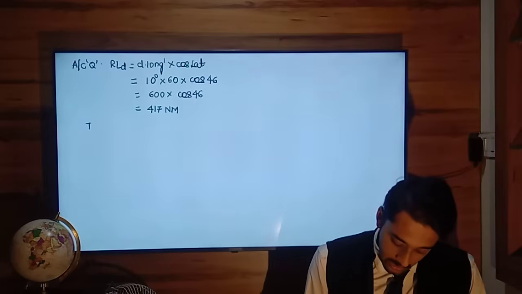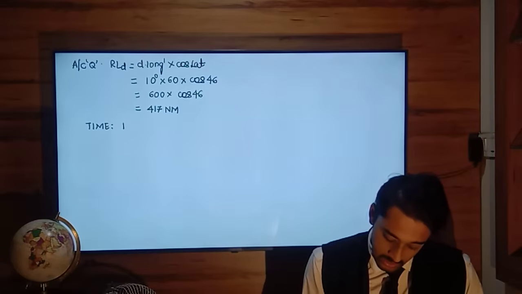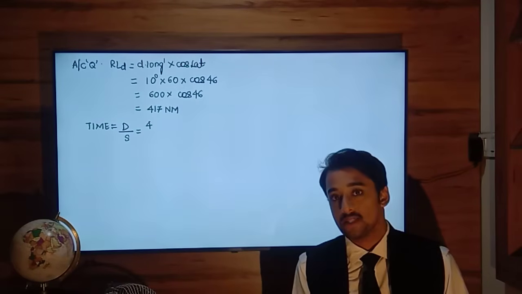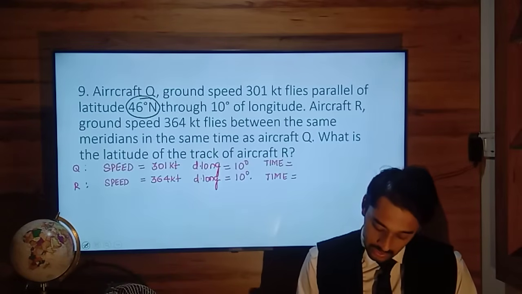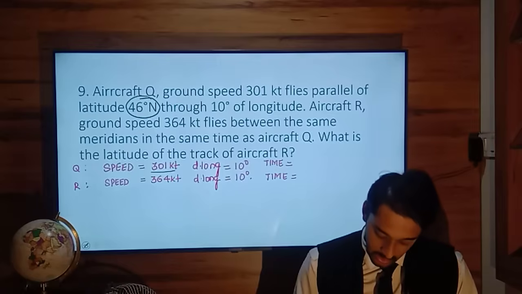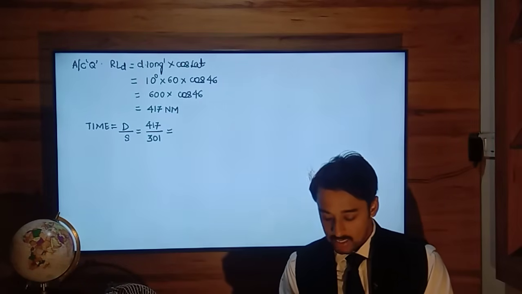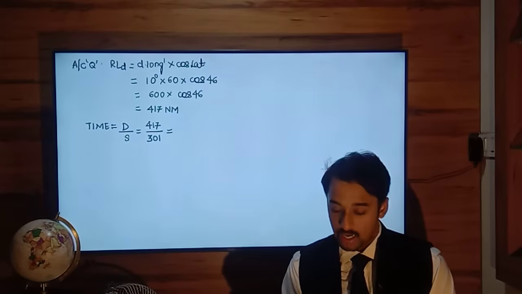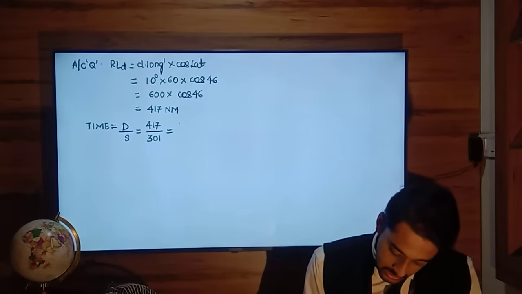Now we can easily calculate the time for aircraft Q, which is equal to distance divided by speed. Distance is 417 miles divided by the speed given to us, 301 knots. 417 divided by 301 knots is 1 hour 23 minutes.